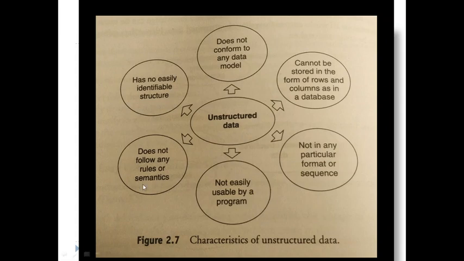The next point: it does not follow any rules or semantics. If you have a collection of 150,000 images, you cannot apply any type of rule on those images. Suppose there are 150 students in one group.